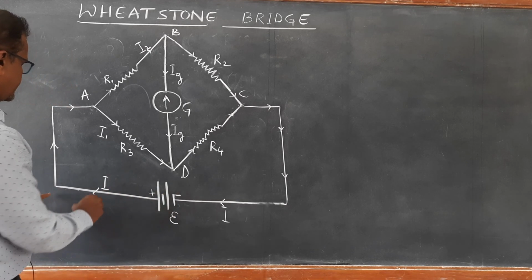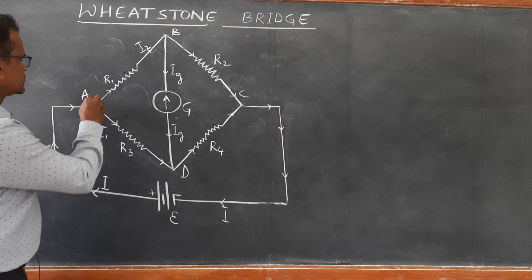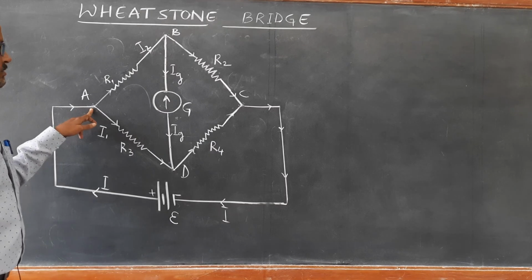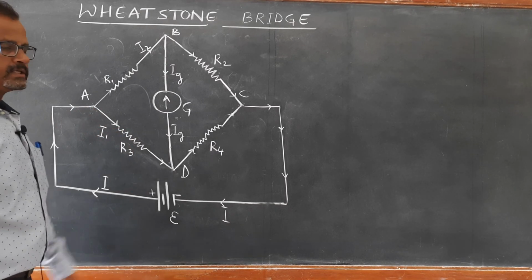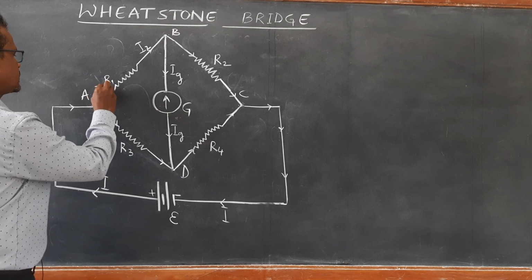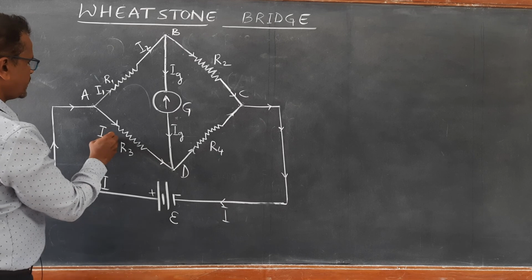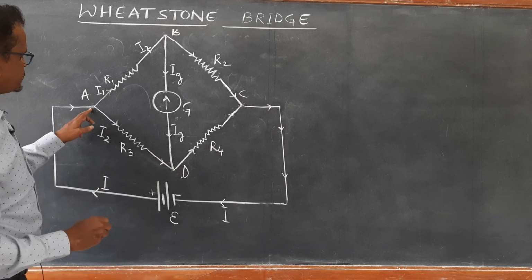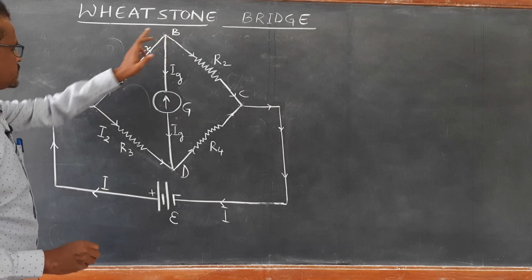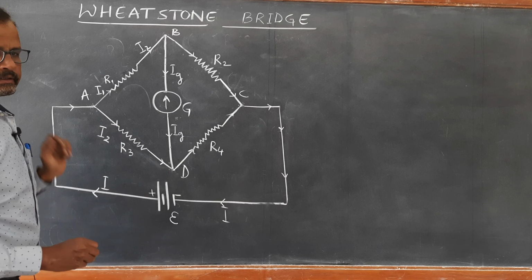This current I flows like this and enters the junction A. There it divides into 2 paths: I1 along the branch AB and I2 along the branch AD.